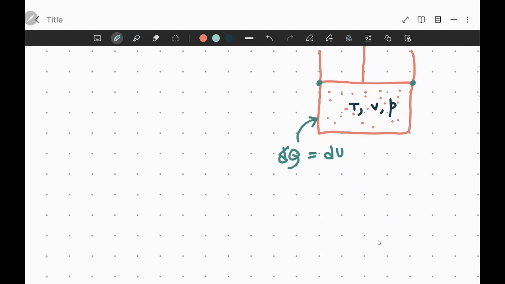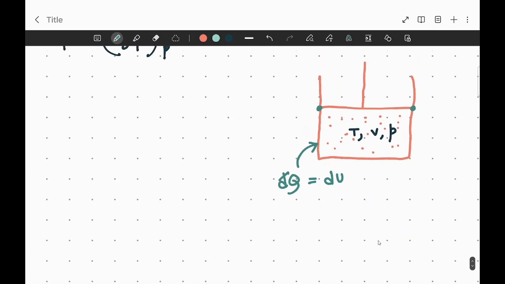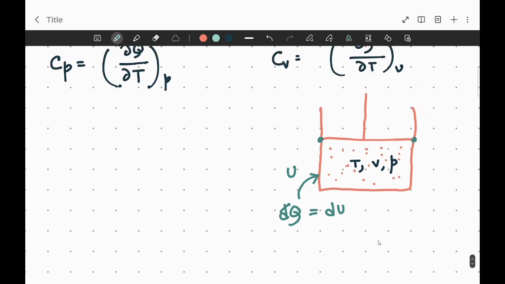When you increase the internal energy, it will directly increase the temperature. So let's say you need U amount of heat. After giving U amount of heat, volume will remain the same, pressure will increase, and temperature will also increase. Let's say now it is T plus 1. Then only it is Cv, right? Because we have to increase the temperature by 1 degree.